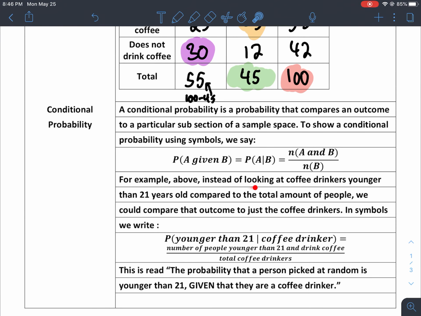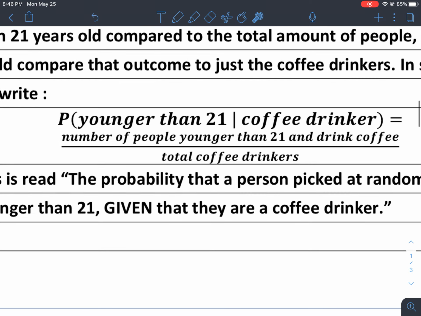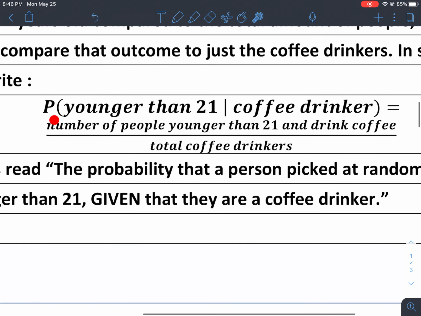So for the example above, instead of looking at coffee drinkers younger than 21-year-olds compared to the total amount of people, we could compare to just the coffee drinkers. So if I want to know the probability that someone is younger than 21, given that they drink coffee.